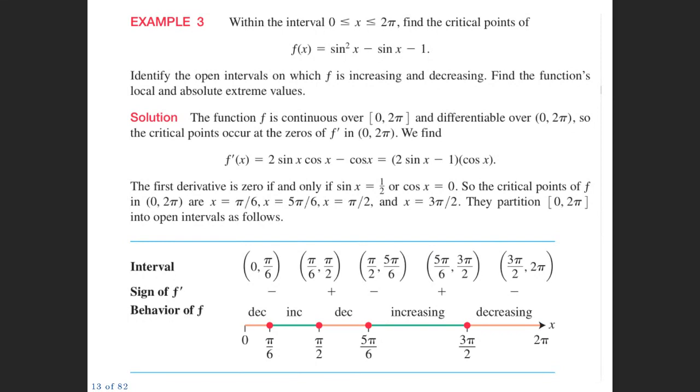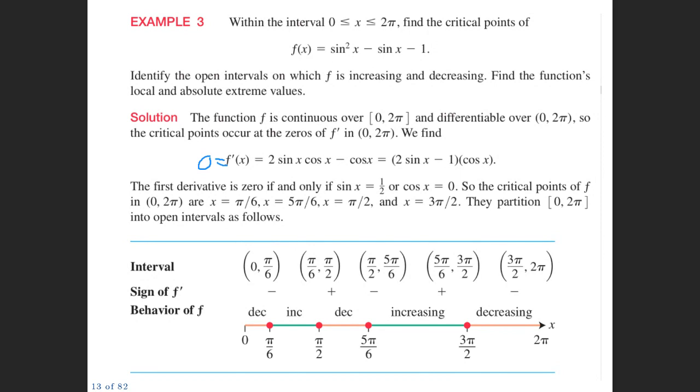So sine is a continuous function, sine is a differentiable function, so therefore sine squared x minus sine x minus 1 must be continuous on the whole closed interval, and it must be differentiable on our open interval from 0 to 2 pi. So there's no points where f prime does not exist. The only critical points are where 0 is equal to f prime of x.